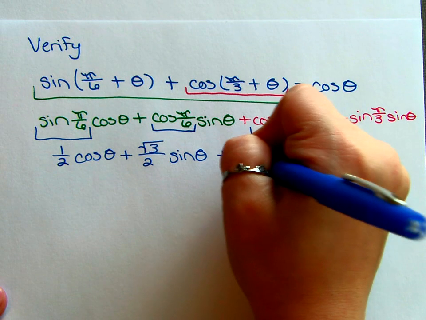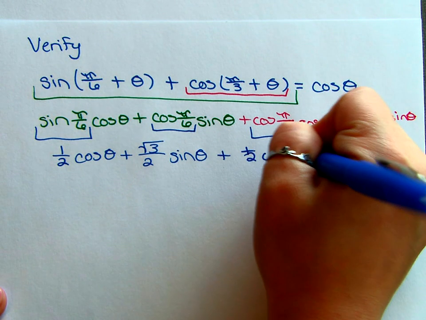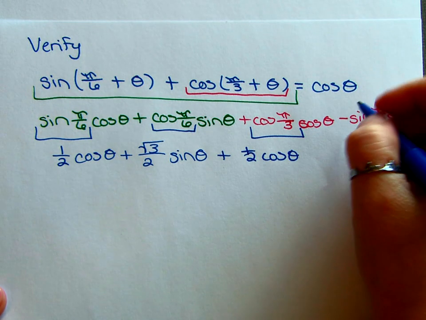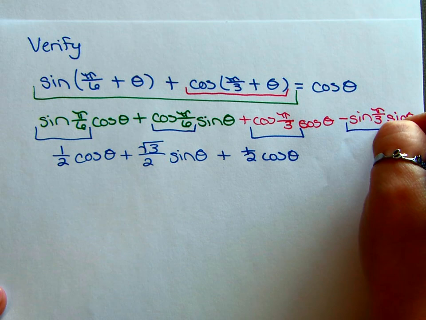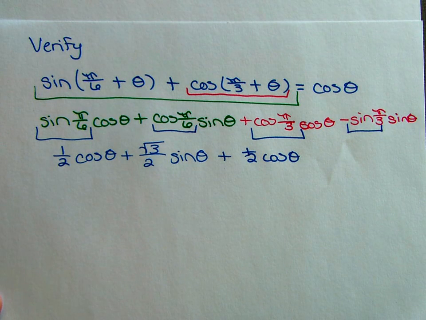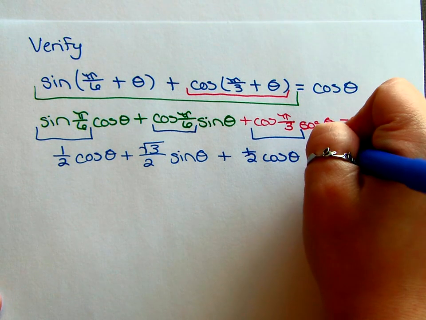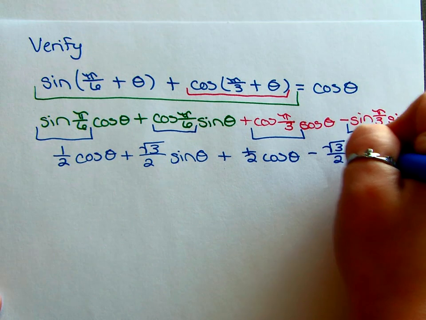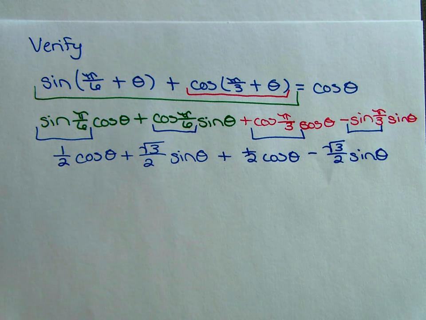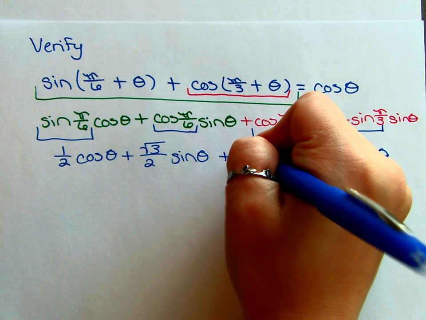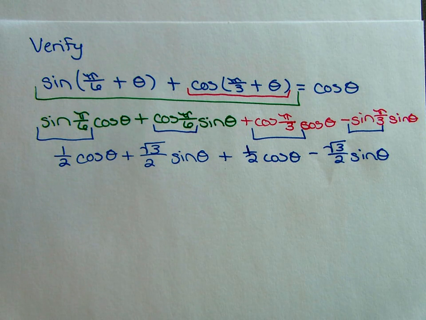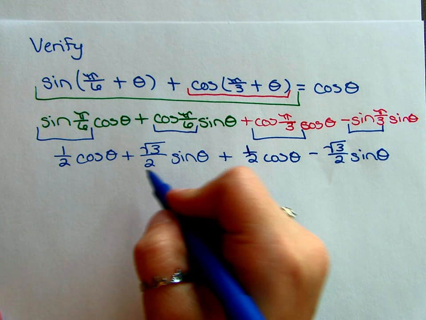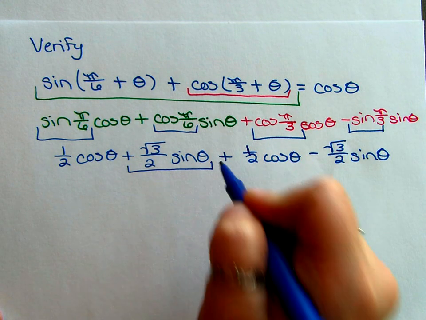And then over here, I have sine of pi over 3, which is, again, the square root of 3 over 2. Let me make that look like a 1. So notice I have a positive square root of 3 over 2 sine theta and a negative square root of 3 over 2 sine theta.